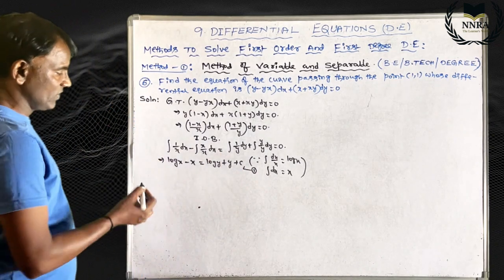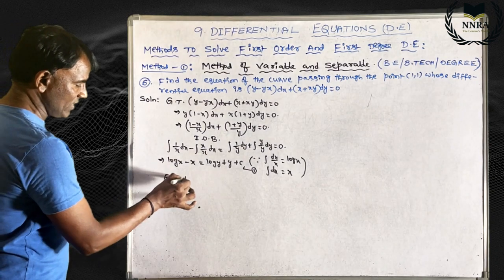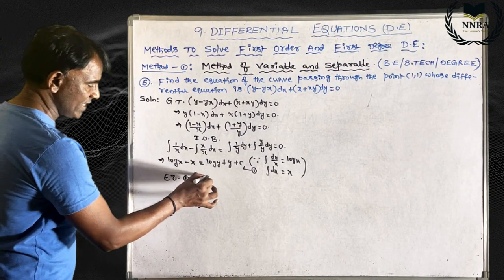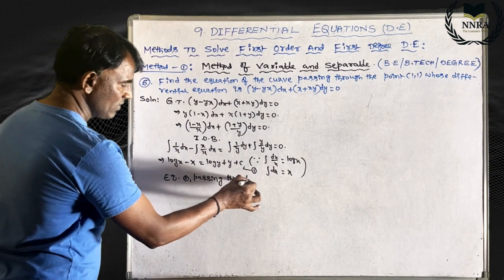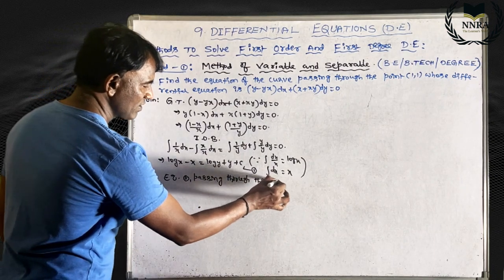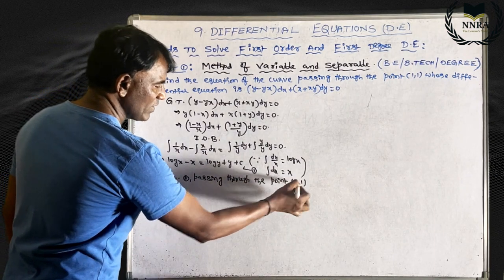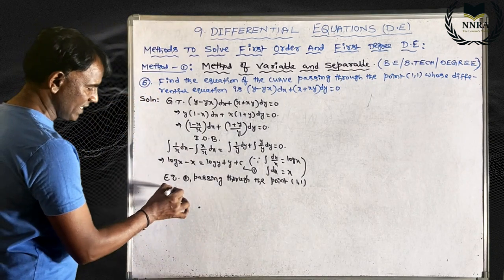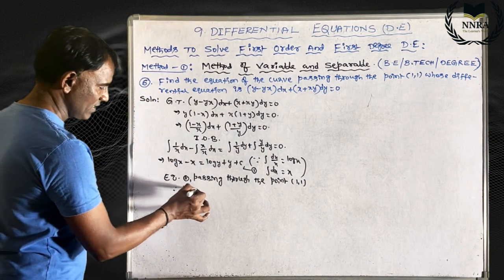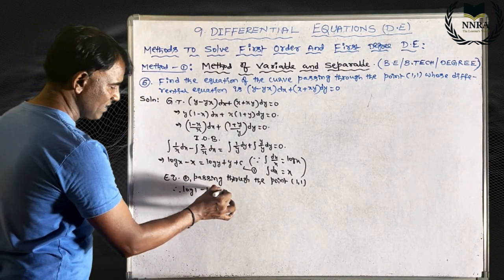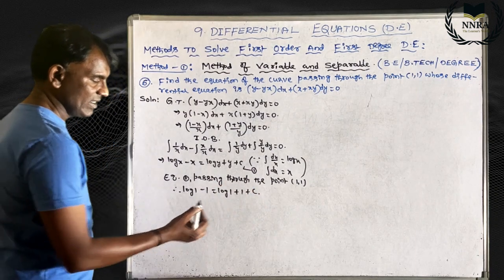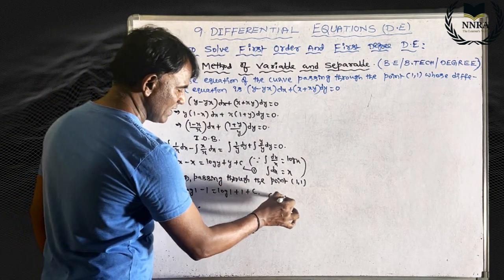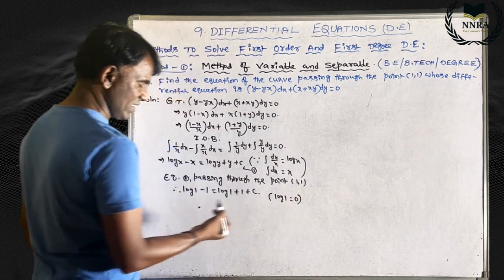Okay, now equation 1 passes through the point. What is that point? (1, 1). So how to write it? It is log 1 minus 1, again log 1 plus c. But what is the value of log 1? It is equal to 0.